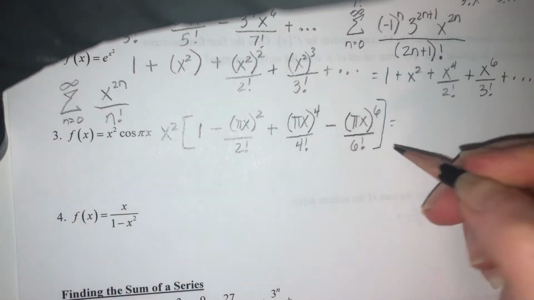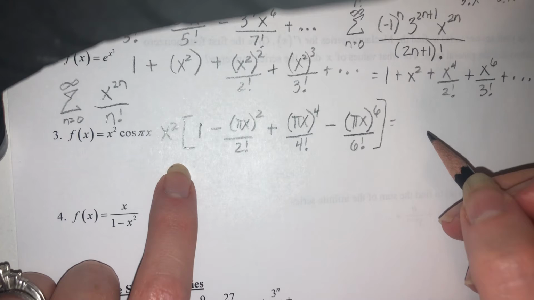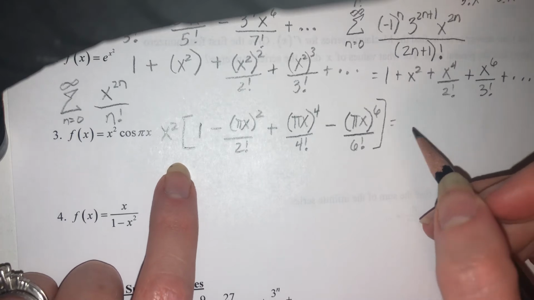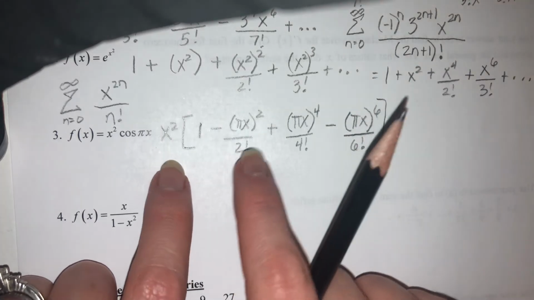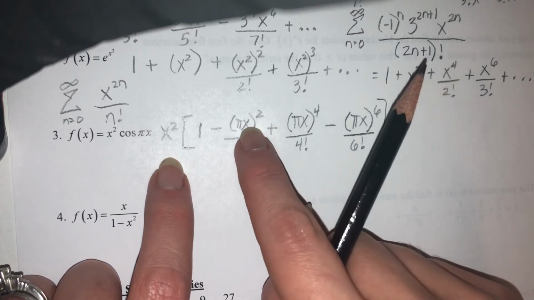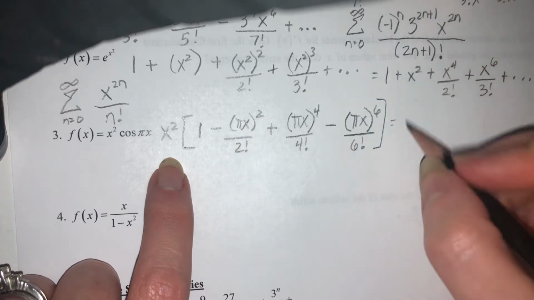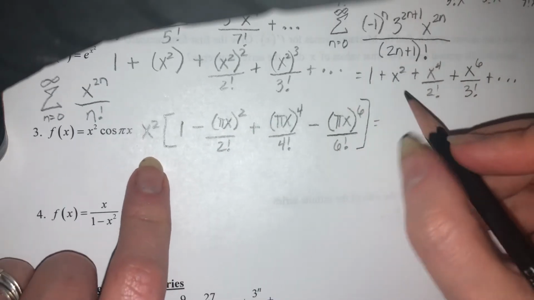All right, so now I'm going to distribute the x squared to each term. And if you will, I'm going to go ahead and apply the powers to both of the elements inside the parentheses also simultaneously. We're going to do a little bit of work here.